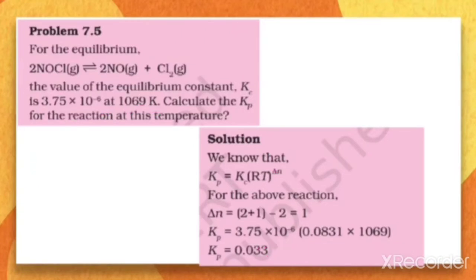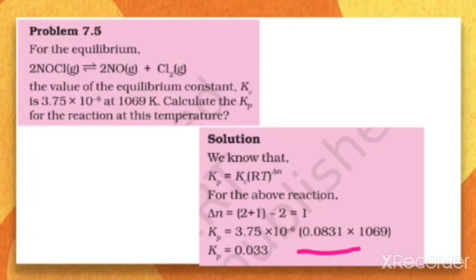Here it is important to keep the value of R as 0.0831, in terms of bar liter per mole Kelvin. So here we will not be taking the 8.314 value. It should be taken in this unit, bar liter per mole Kelvin.